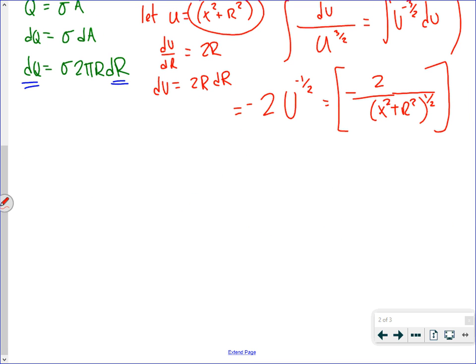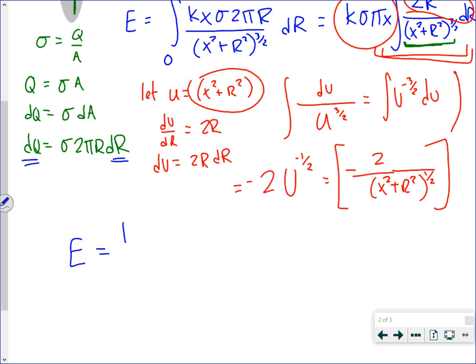Okay, so now we put this stuff in here, but let's carry all our constants down. So now we have that our E is sigma pi x times, well, here's the 2, here's the negative, x squared plus r squared to the 1/2.